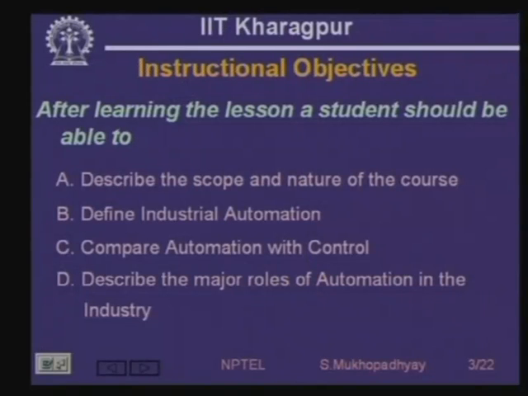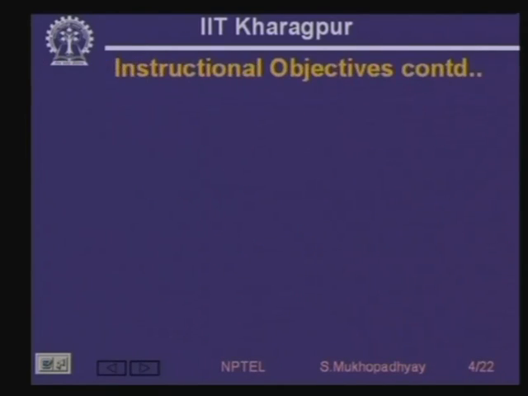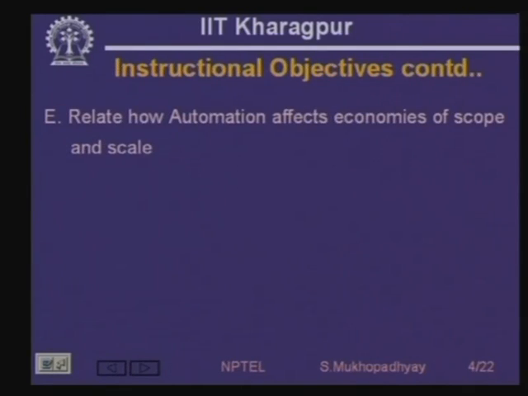He will be able to describe the major roles that automation plays in the industry, and he will be able to relate two terms called economies of scope and economies of scale, and see how automation enhances these.